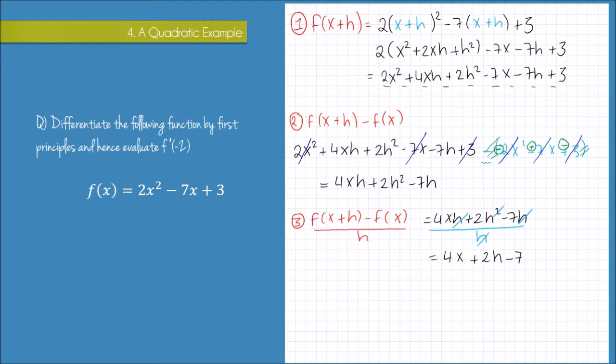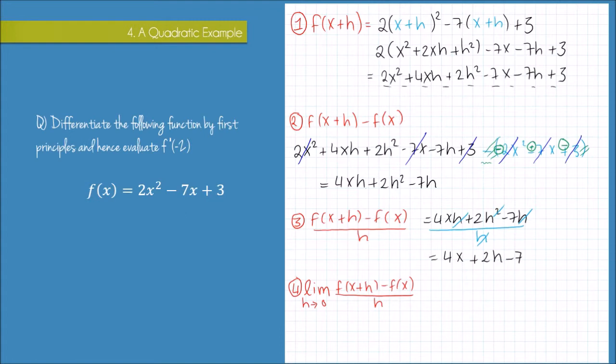Alright, then step 4 involves taking the limit of the expression we obtained in step 3 as h approaches 0. So we're getting the limit of f of x plus h minus f of x all over h. And what does that mean we do in this step?